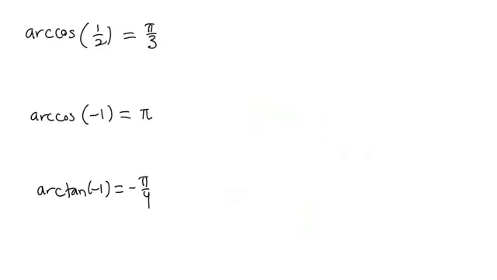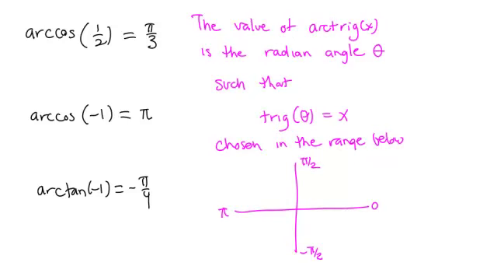Now, one of the tricky things about working with these inverse trig functions is there are slightly different domains. What values of theta do you pick? And so here's a nice, useful shorthand. The value of the expression arctrig of x, where trig could be sine, cosine, or tangent, is the radian angle theta such that trig of theta is equal to x, chosen in the range shown below.